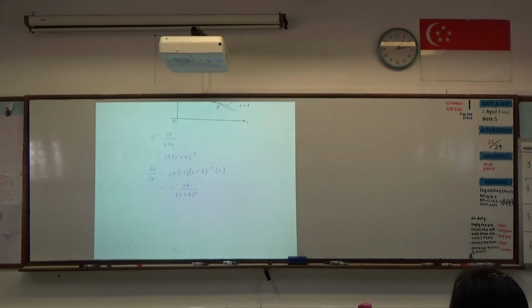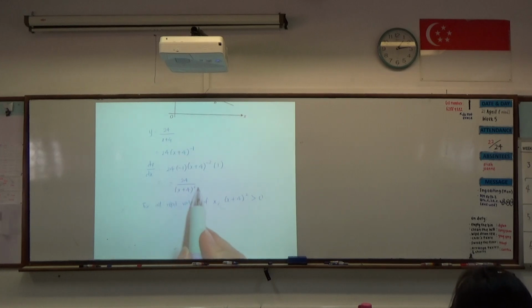Looking at the derivative itself, we see that for all real values of x, we know very well that x plus 4 squared is more than 0. Right? So because this is going to be positive, down here is negative. So overall, the expression for dy over dx will surely be less than 0.